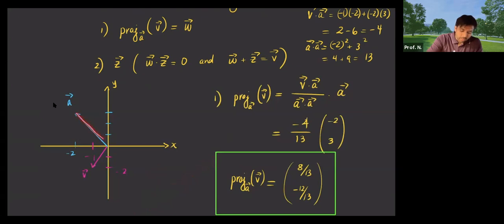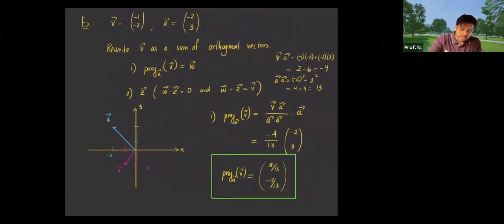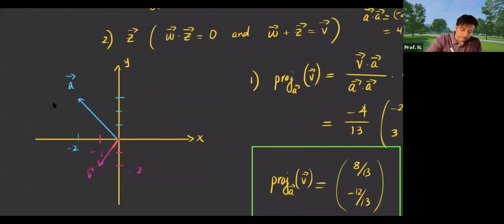But if you look at this example, this is -2, 3, right? We're projecting V along A. You'll see this vector V is not necessarily over A. It's a little bit on the outer part of A.